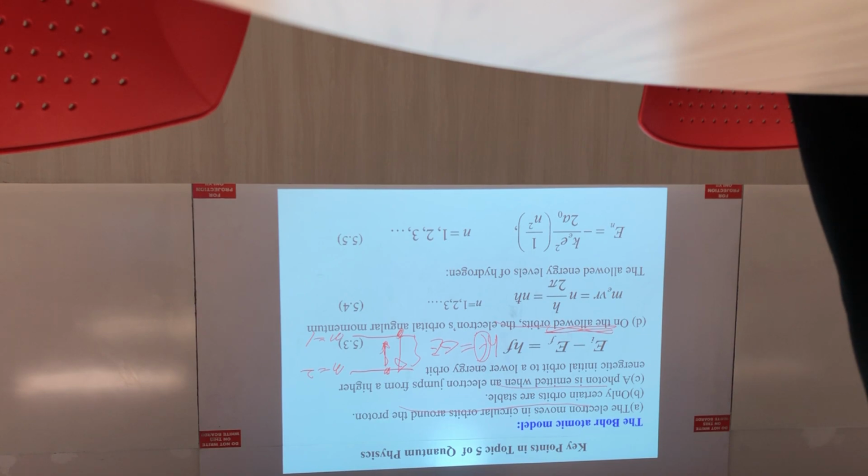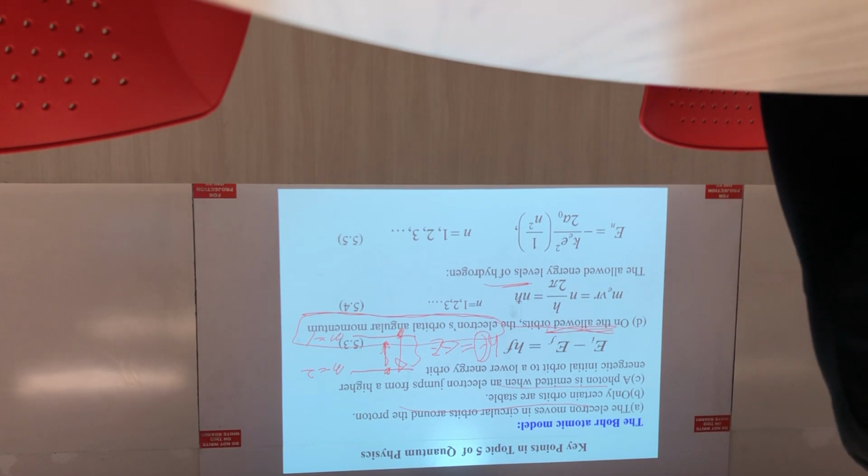Another important assumption that Bohr made is that the electron orbital angular momentum is discrete. So again, we don't have any continuous orbit. We have a discrete orbit.